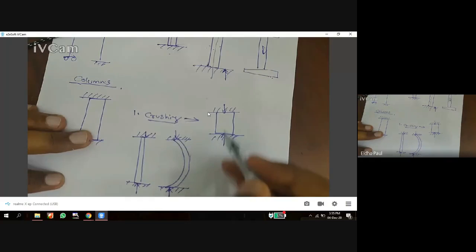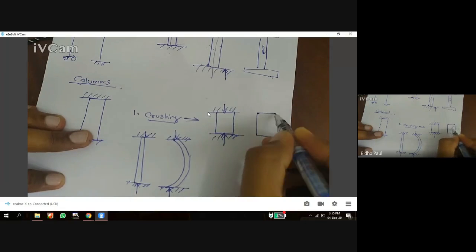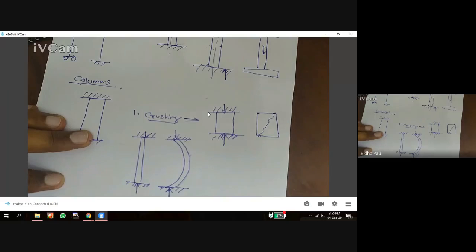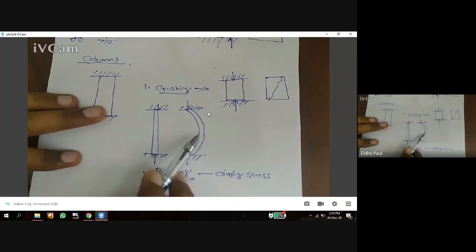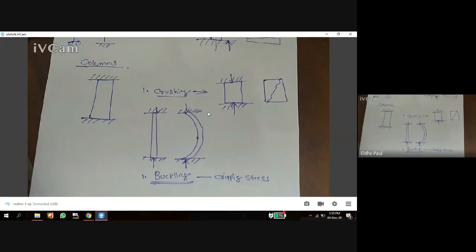When we apply a severe compressive load on this column, what happens? The column starts to shear off. Without any buckling, the column is crushed under a high value of direct compressive stress. So this is the crushing failure.